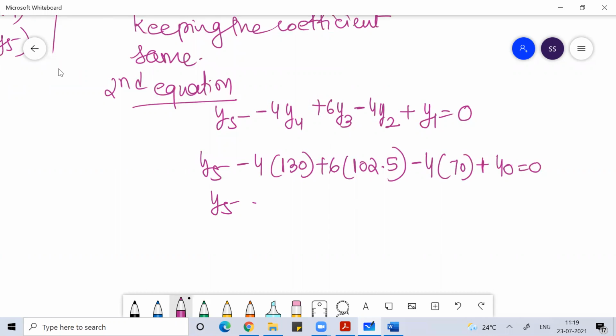So y5 minus 520 plus 615 minus 280 plus 40 equal to 0.